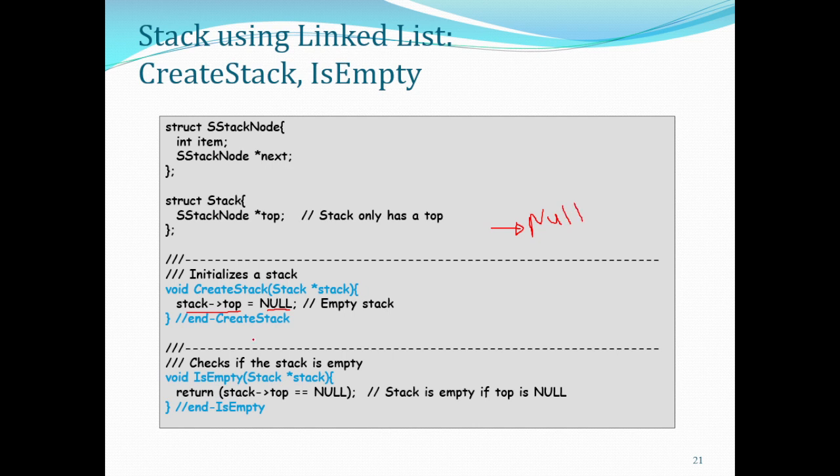When we check if the stack is empty, we are basically checking whether stack top, which is my global pointer to the stack, is null. That means the stack is empty.